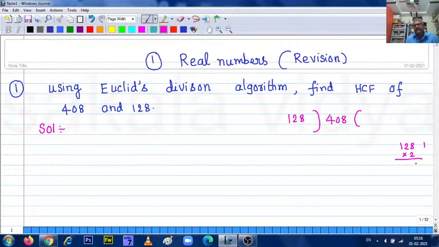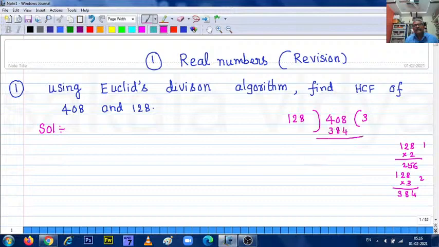This is 256. 128 three times: 384. Now 3 times 384.